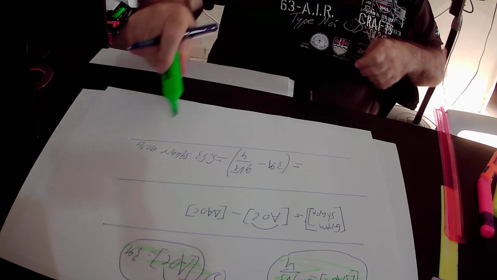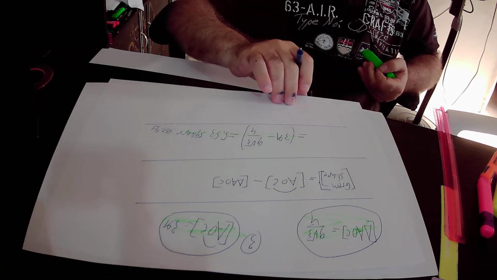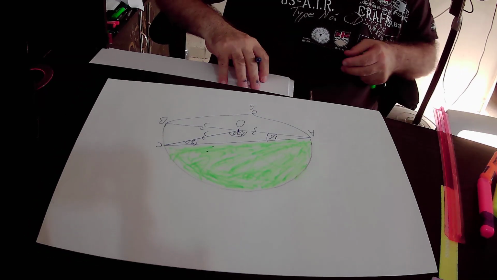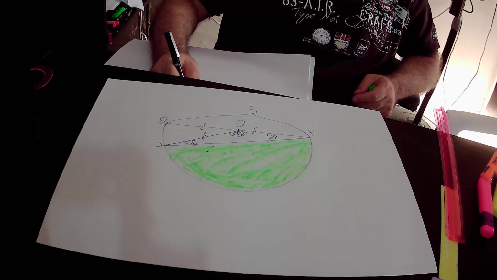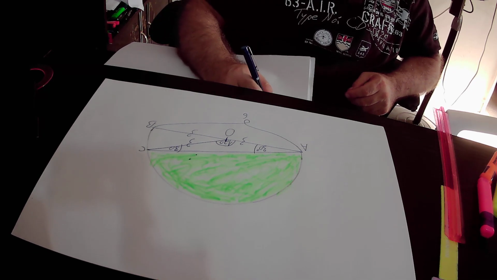We finished with the first method. In the next step, I will present to you how to find the area of the green shape according to the second method.